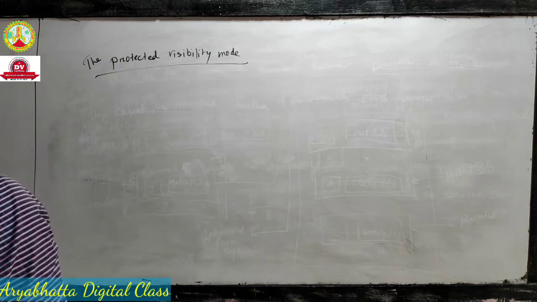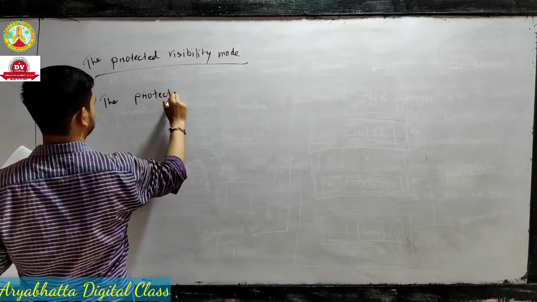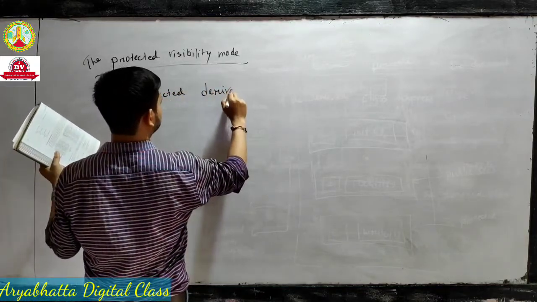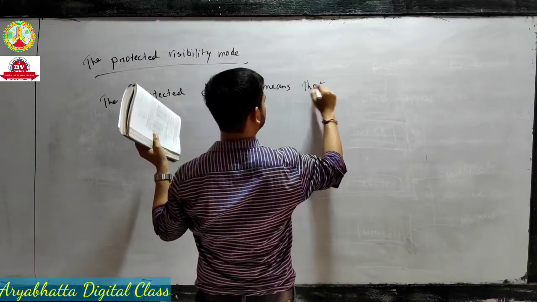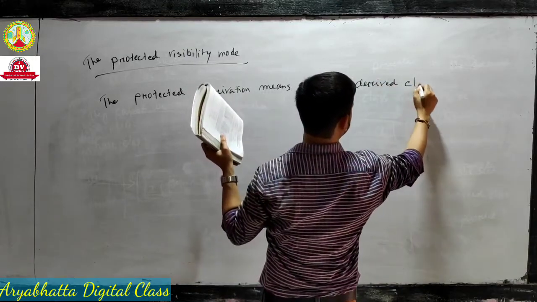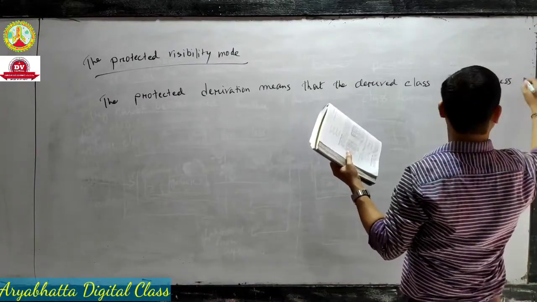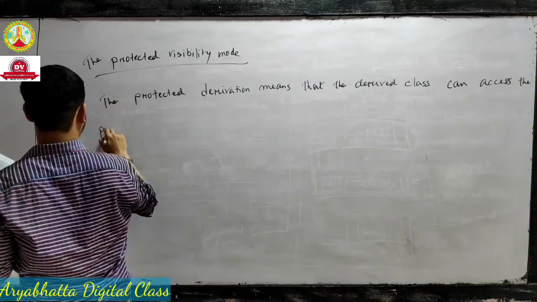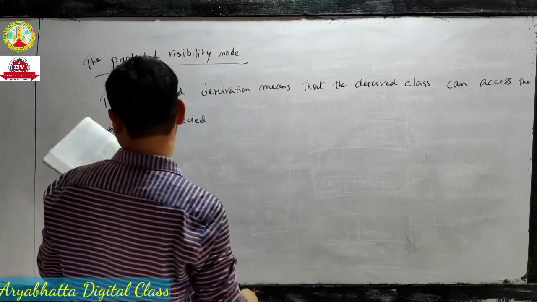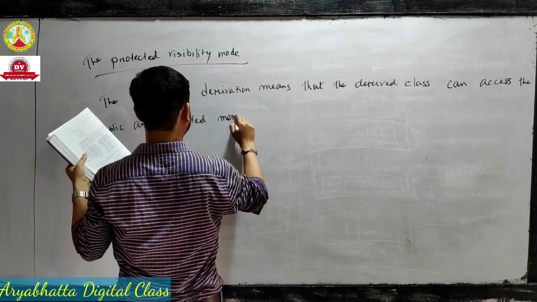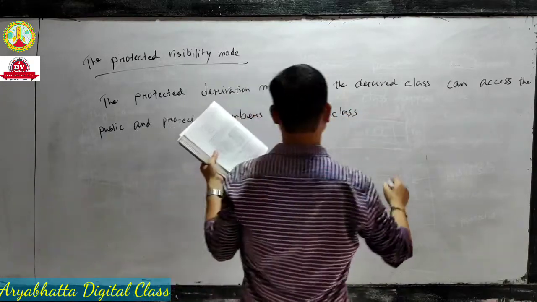The protected derivation mode means that the derived class can access the public and protected members of the base class protectedly.